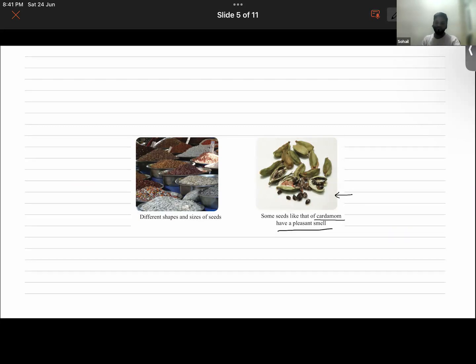So what are some examples of seeds which we just discussed? Let's say edible seeds we are talking about. You've got rice, wheat, barley. You have kidney beans, that is rajma.